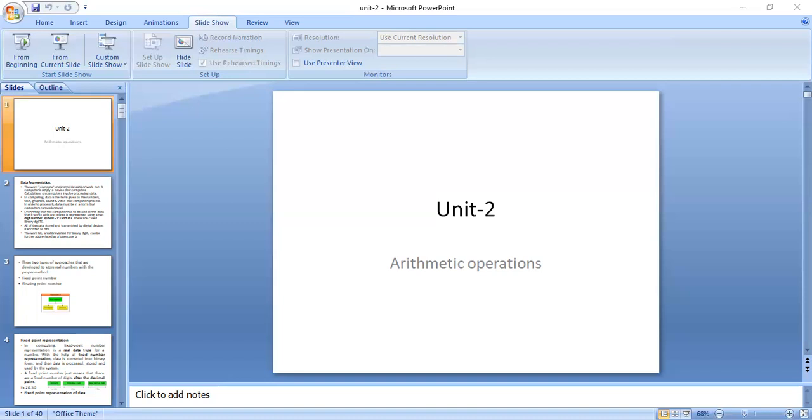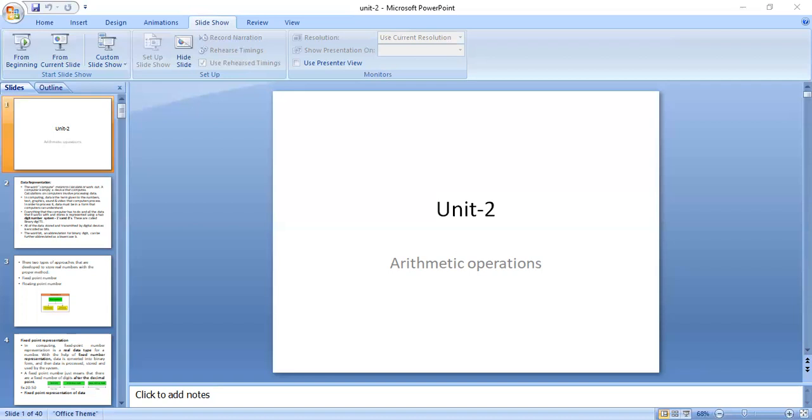Booth's multiplication algorithm also follows some procedures. We will see the procedure first, and then move to the examples. First, M is the multiplicand and Q is the multiplier, since a multiplication process needs two elements.